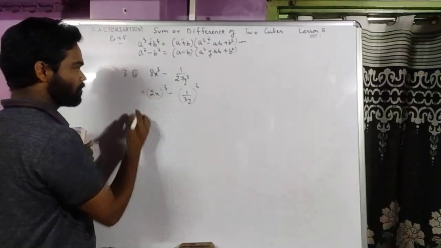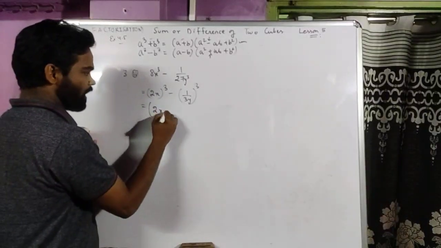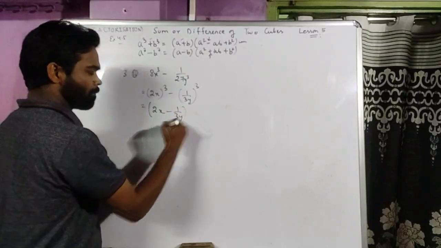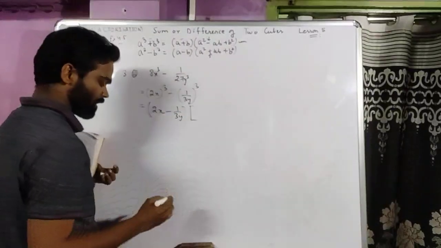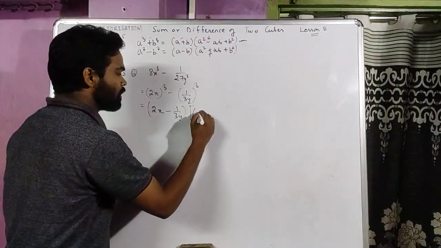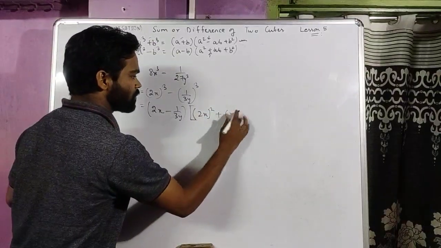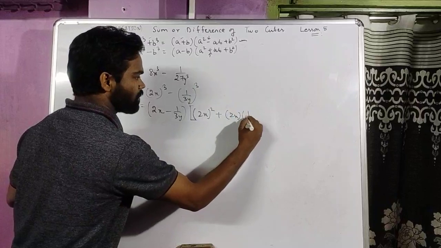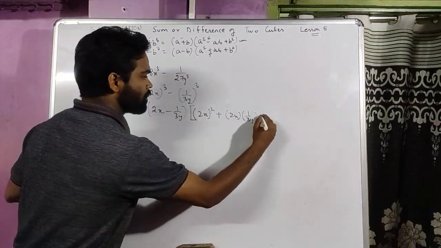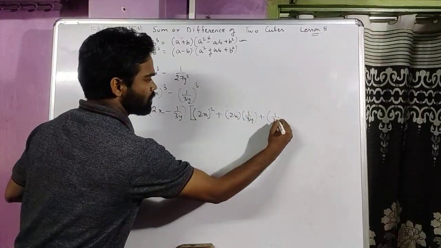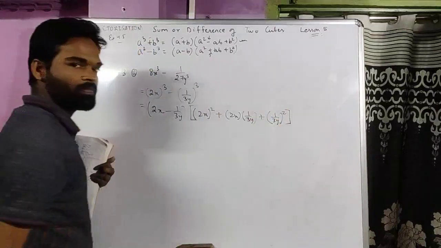Now a cube minus b cube, what's the formula? A minus b bracket a square plus ab plus b square, isn't it?